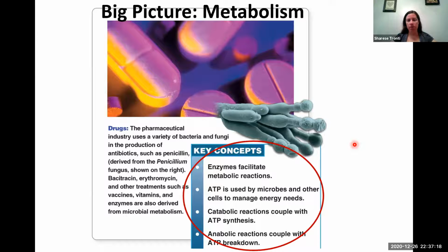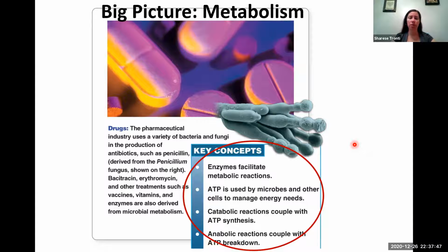So why are we talking about this? Why is metabolism important at all when we're talking about microbiology? Well, first of all, there are a lot of benefits that we have from microbes. I think that when we get so focused in the medical field, we tend to think of microbes as the bad guys, but there are a lot of benefits to them, and their metabolism is a huge part of that.